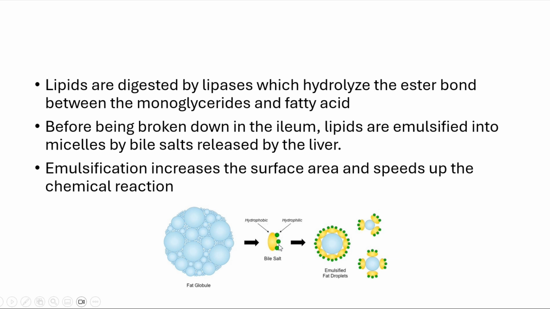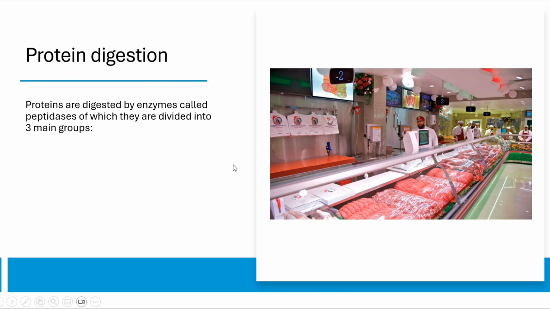The bile salt has a hydrophobic side and a hydrophilic side. The hydrophobic side binds to the fat and wraps around it, which increases the surface area because it breaks that down, and now you've got even more surface area on both of them. You get it? That's called emulsification. So now the hydrophilic side can bind to whatever it needs to bind to, to absorb it or break it down and whatnot.